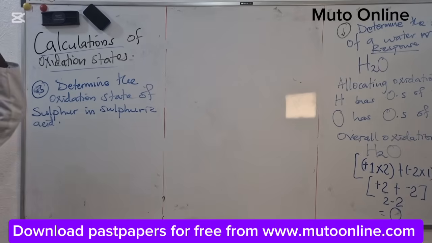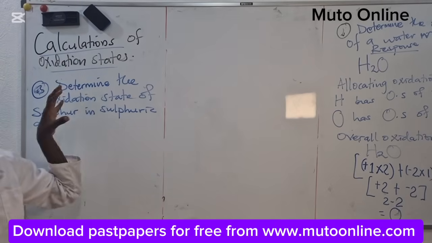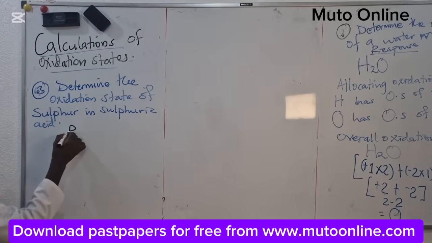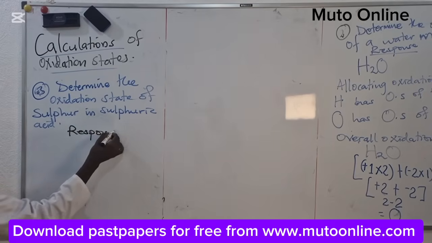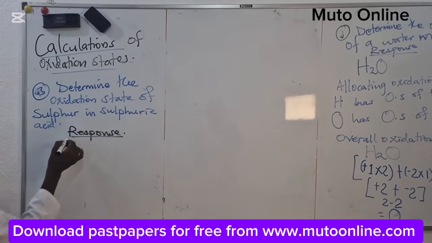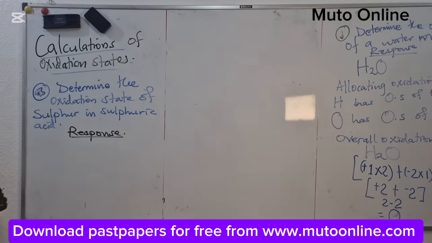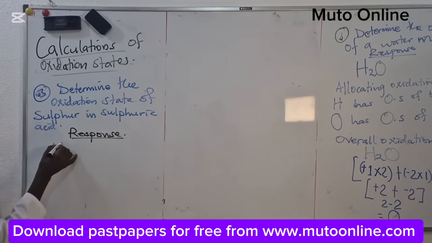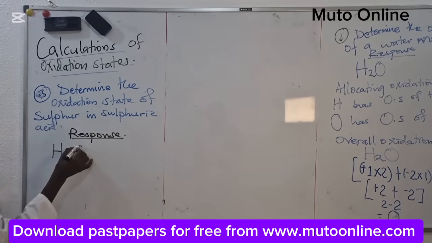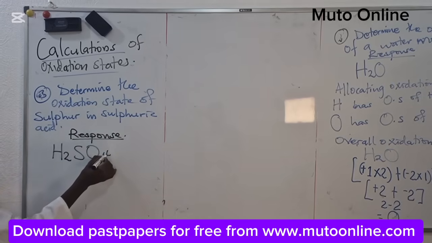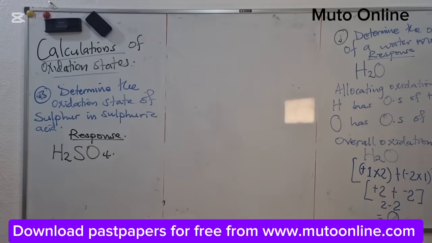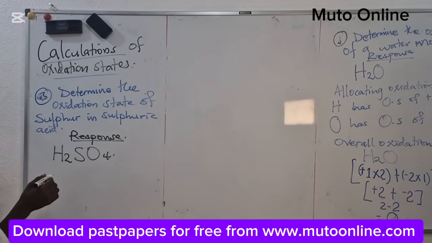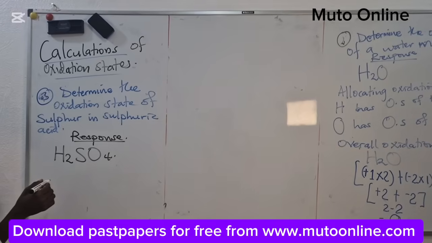We have to bring back the other principles for these calculations to be better. Here, as usual, we have to give the formula of the compound first. The compound we have here is sulfuric acid, which we write as H2SO4. The next step is allocating the oxidation states.